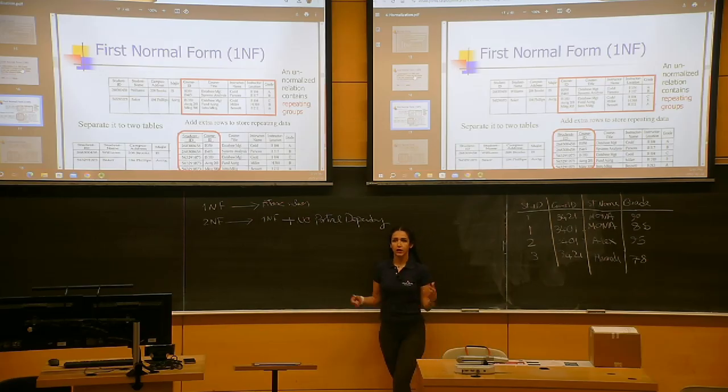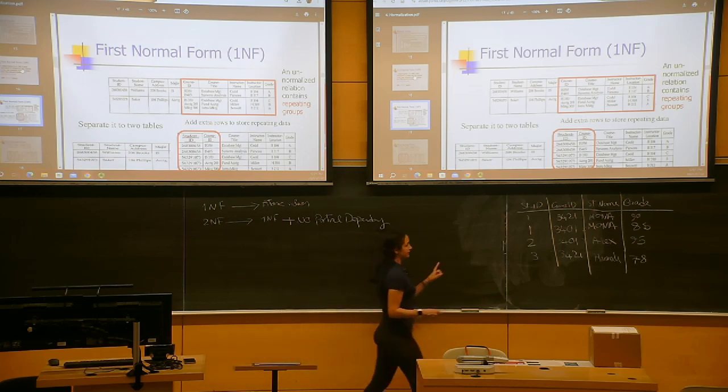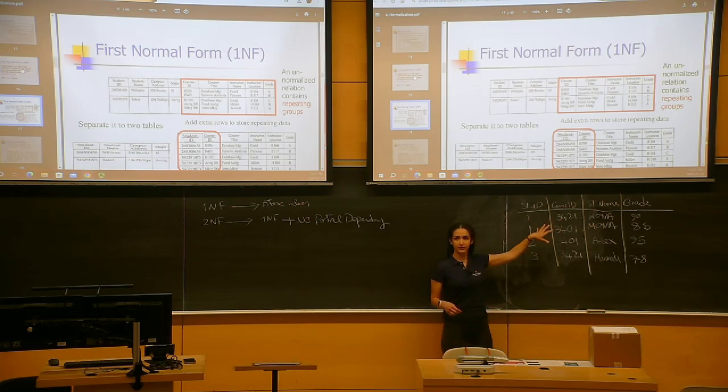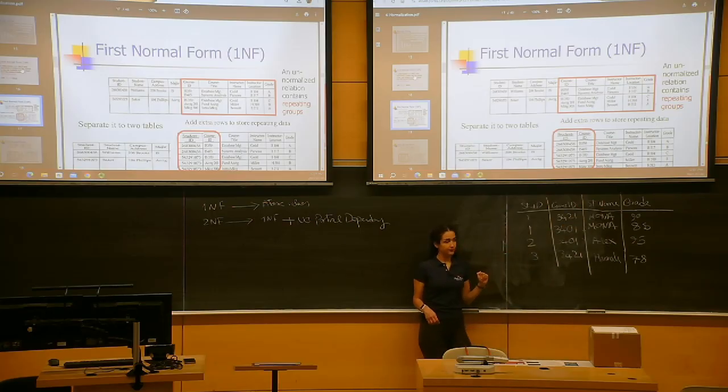That's a full dependency and it's okay. But sometimes we have a situation like this where there is a column, student name, that depends on only part of your primary key. So what is the primary key here? Is the student ID the primary key? No, because it is repeated.